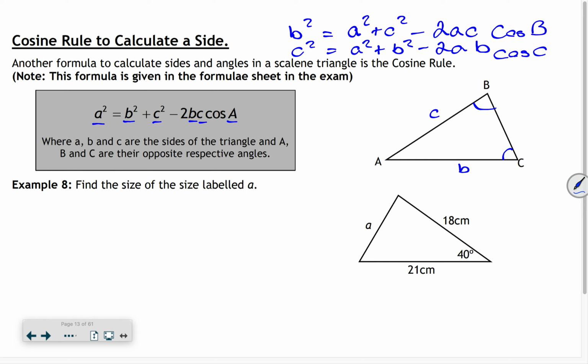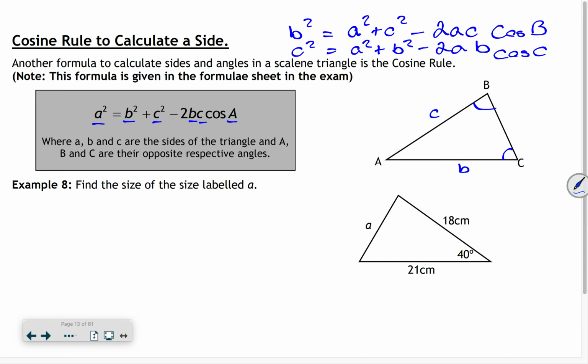Okay? One thing when we're doing this is we're looking for a certain pattern. You can always spot that it's a cosine rule question. For these, it'll be easy enough because it is always the cosine rule. But when we get on to using mixed examples, then you need to know what's going to be the cosine rule and what's going to be the sine rule.